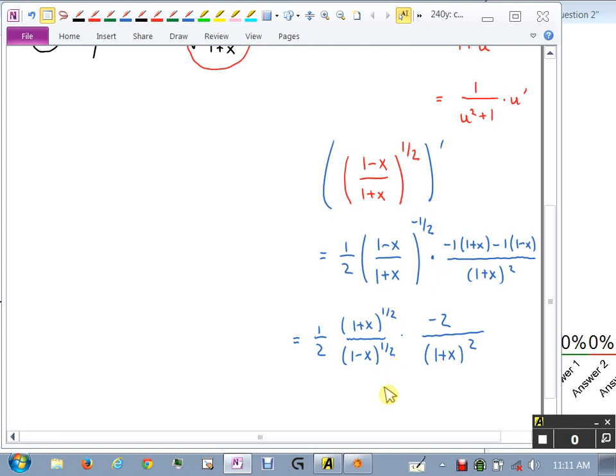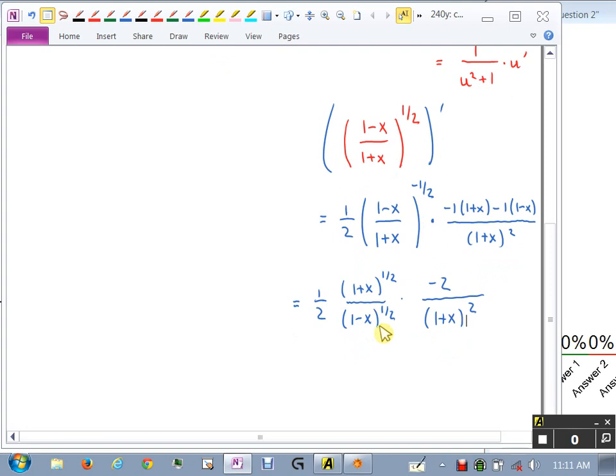Now, why would I do that? You see these two have the same base, which means that I will be able to somehow put these two together. I kind of saw that while I was doing the problem. So if we have the 1 plus x raised to the positive 1/2 over 1 plus x raised to the positive 2, the property of exponent says, like, what?